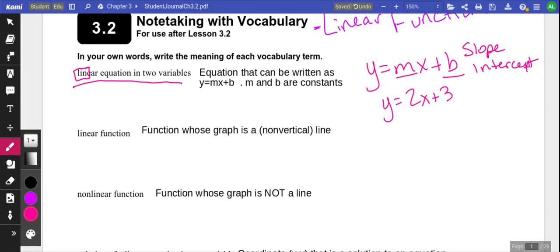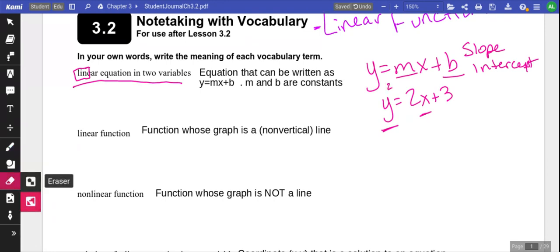The trick when you're looking at different equations, there's a part of your homework where it's going to ask you, is this a linear equation or not? The key is the y and the x shouldn't have exponents. If you have something squared, that's an alarm bell. That's not going to be linear.